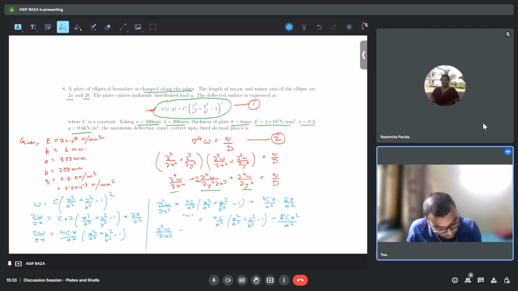So the third derivative will give me 8cx by a to the power 4, and the fourth derivative will give me 16cx, so this is 24c by a to the power 4.